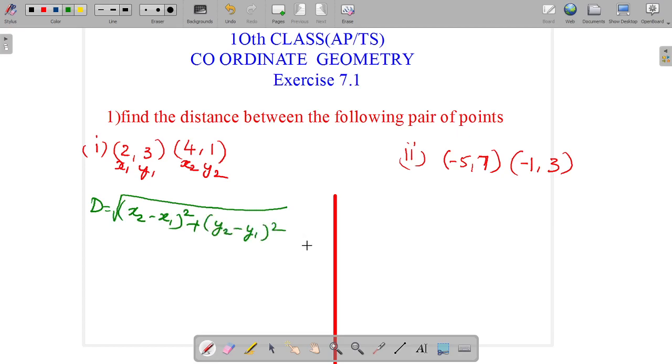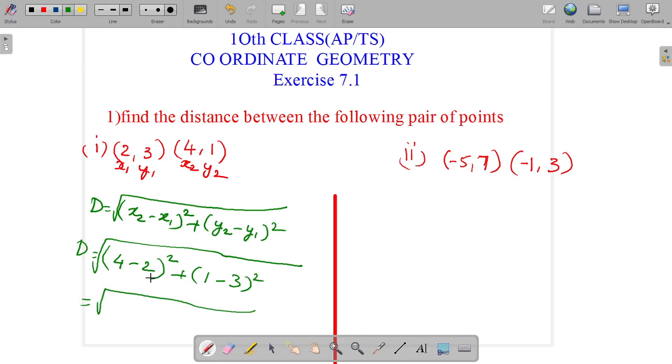So distance is equal to square root of x2 is 4 minus x1 is 2 whole square plus y2 is 1 minus 3 whole square, which is 4 minus 2 whole square is 2 square, plus 1 minus 3 whole square is minus 2 whole square.